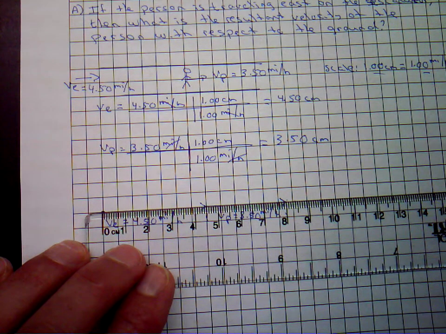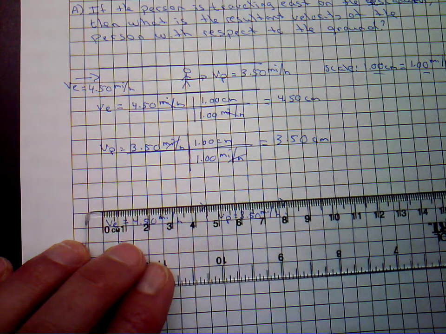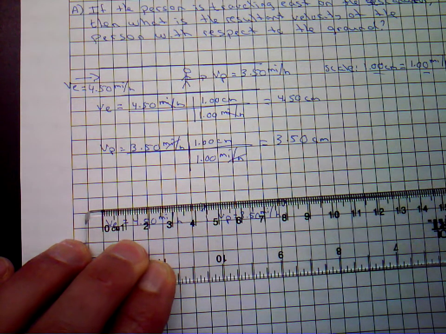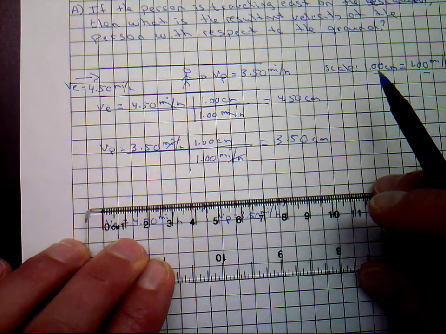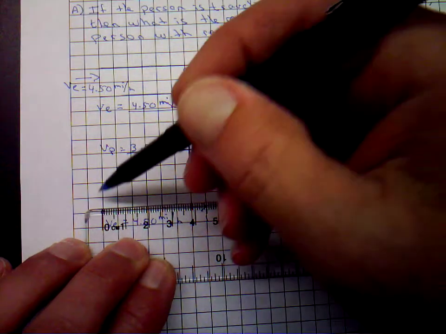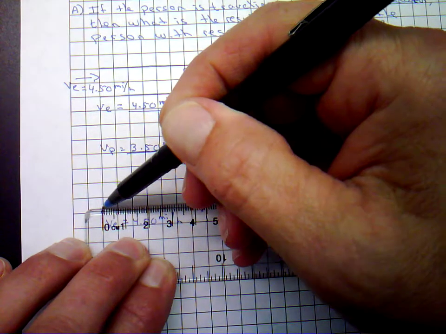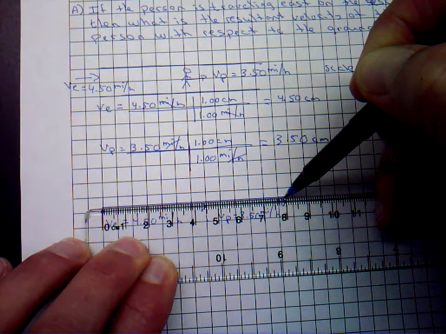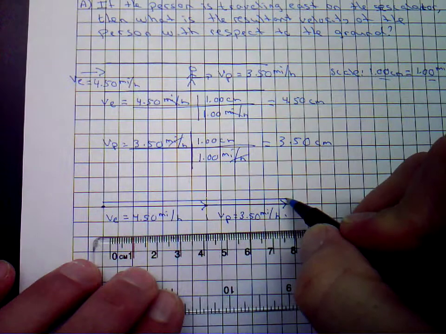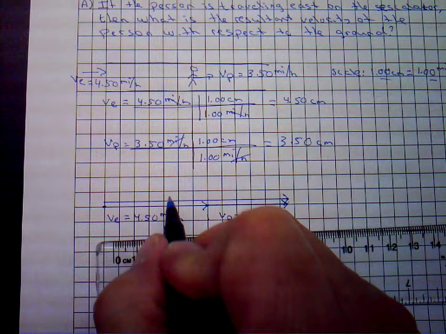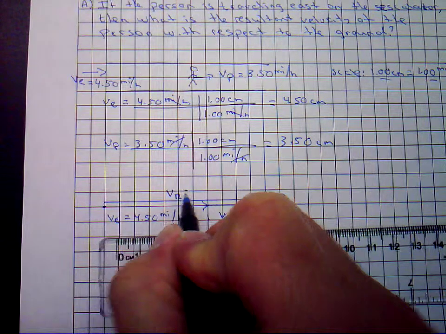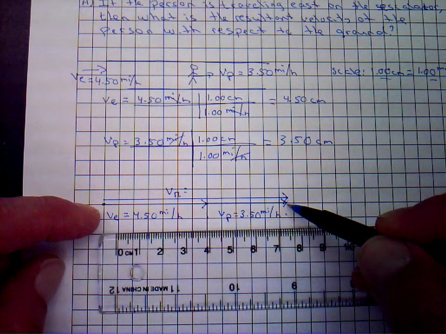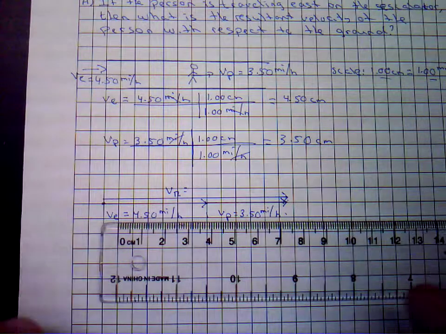Technically, I should draw this right on top of it, but I'm going to move this ruler just a little bit above it so you can actually see the vector that's drawn. It's going to be due east. I'm going to draw it from the 0 mark to this point. This is the resultant velocity. And again, this resultant velocity should technically be drawn right on top of this vector. I just drew it above it so you can actually see the vector being drawn.